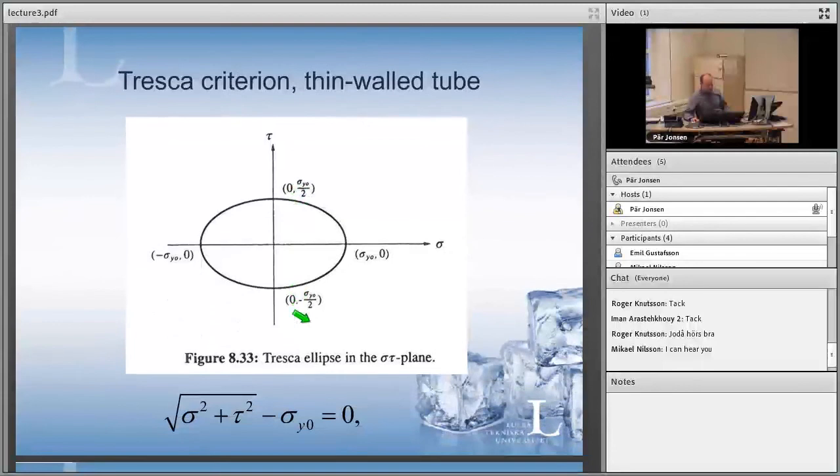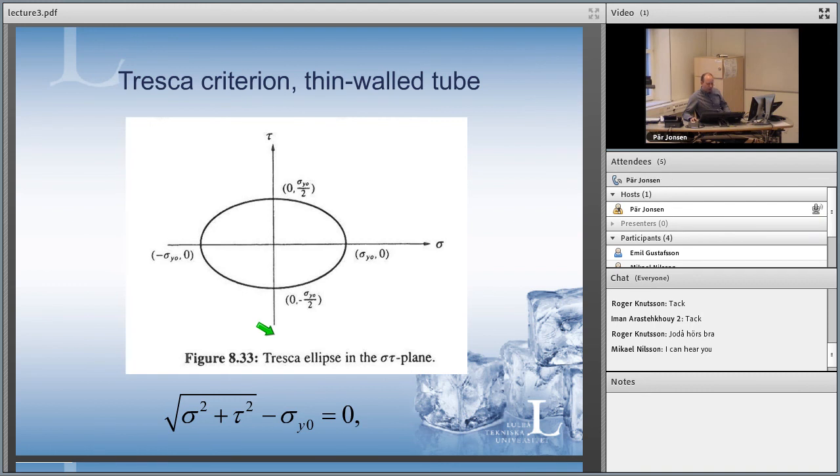But if you take the thin-walled tube again, and we only look at shearing and one normal term here, we'll have a model looking like this, and it will be an ellipse exactly as for Mises, but you will have different values on the shear axis here.